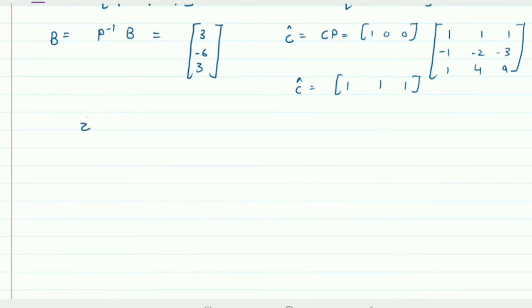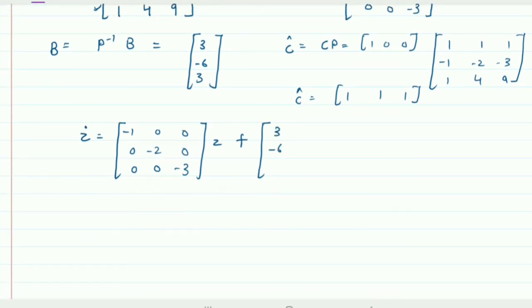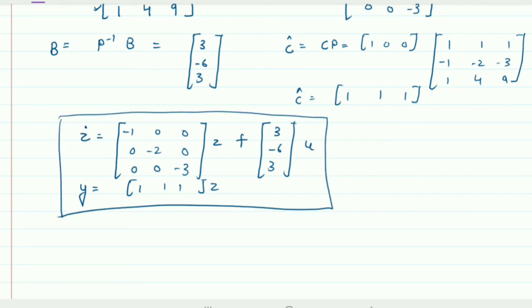So the new diagonal form of the given system will be Z dot equals the A matrix, which is -1 0 0, 0 -2 0, 0 0 -3, into Z, plus the B matrix, which is 3 -6 3, into U, and finally the output equation Y equals 1 1 1 Z. The D value was previously 0, so we have this diagonal equation.